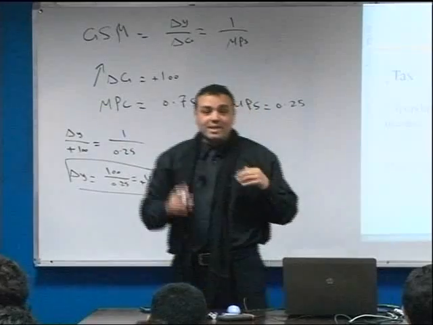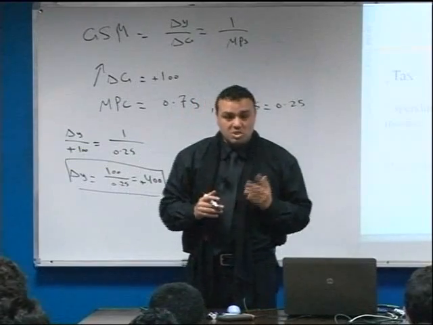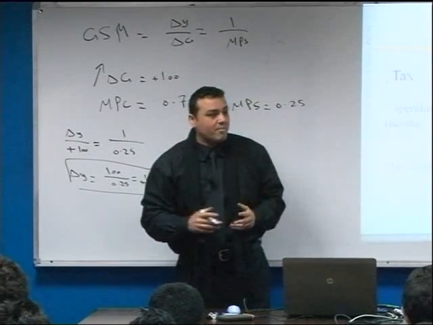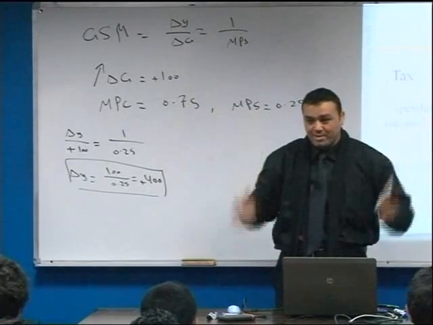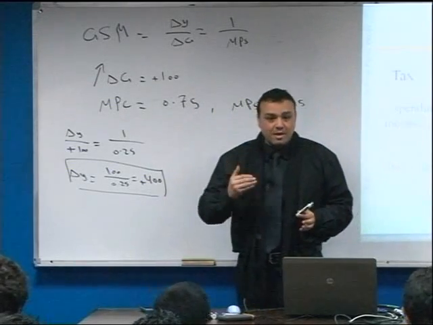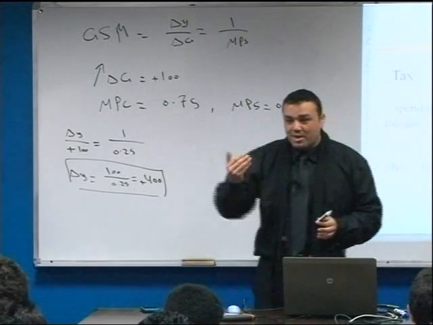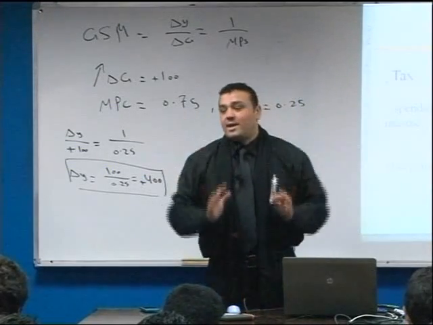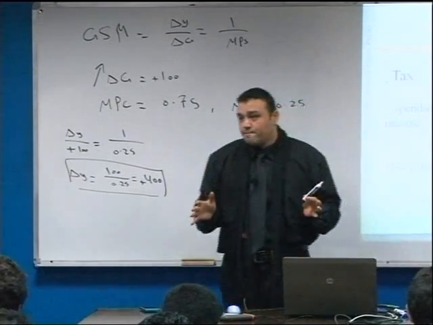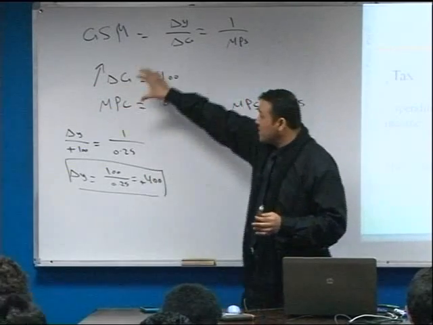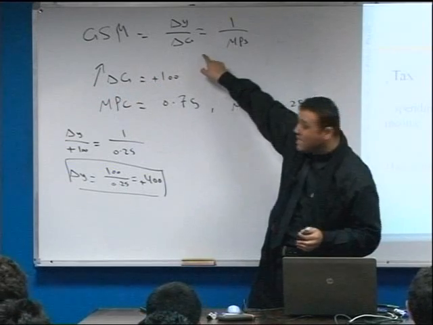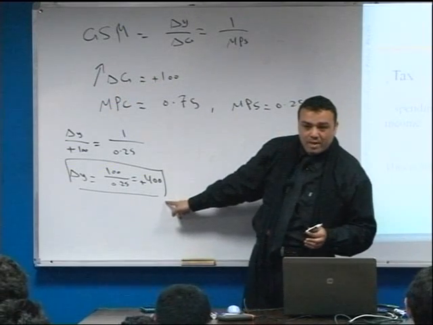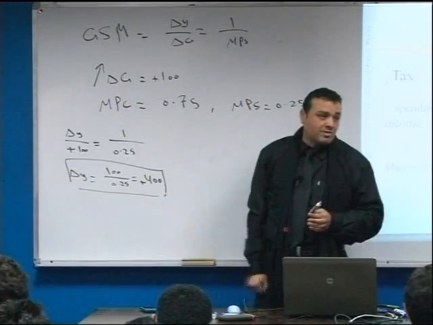Today, we will study the tax multiplier, which means, suppose that the government decided to decrease the taxes by $100 million. What are the main effects of this policy on the aggregate output? This is the question, right? As we mentioned, if the government decided to increase its spending by $100 million, the aggregate output would increase by how much? $400 million.